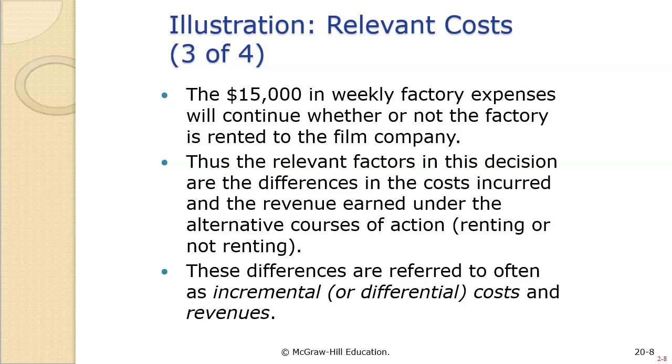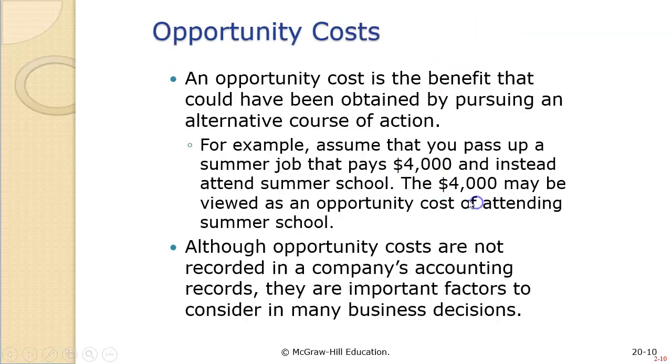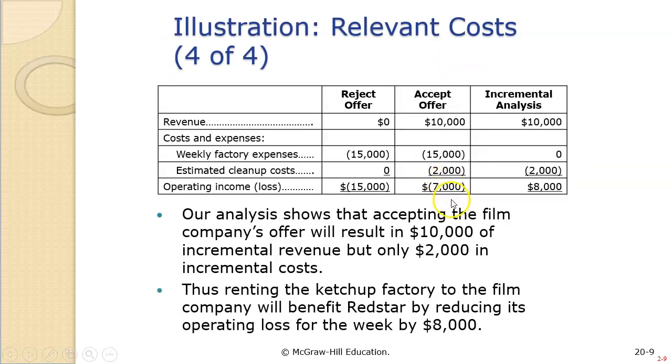And this bottom bullet point, these differences are referred to as incremental costs and revenue. So here's a cool little visualization. If they reject the offer, they're still going to be out the $15,000 of sunk costs for the weekly factory expenses. But if they accept it, that goes down to 7,000.